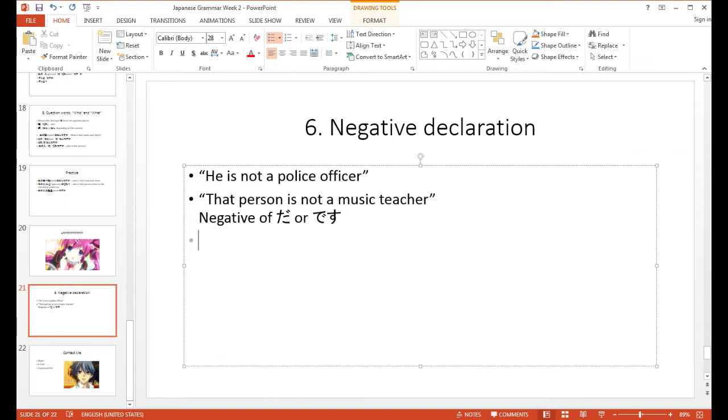And there are 2 ways. The more formal one is de wa arimasen. Am I right? Yes, I'm right. Or ja arimasen. They're both the same exact thing.